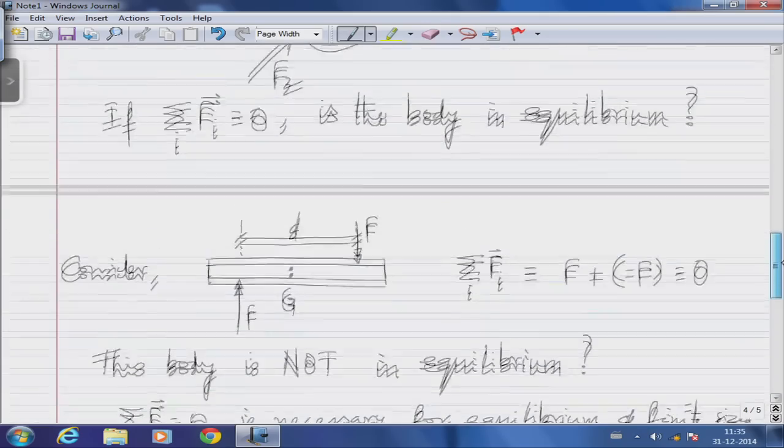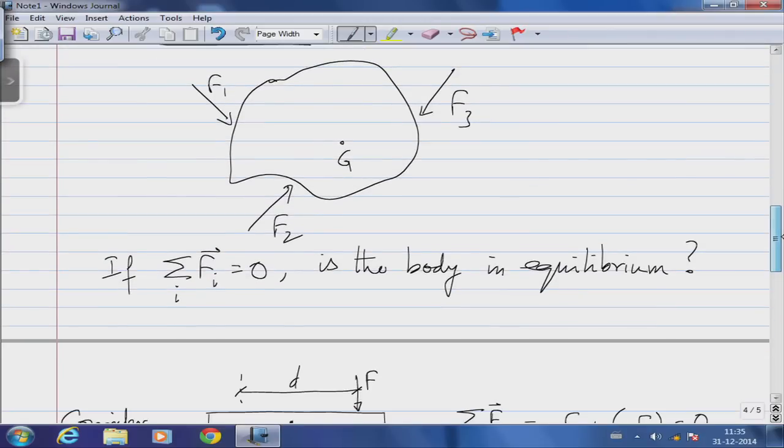So, how do I calculate a moment of a force about a point G? There are some simple ways. If I take this distance d1, which is basically the perpendicular distance of the line of action of F to the point about which I am interested in computing the moments. So, this here is d3, M3 is F3 times d3.